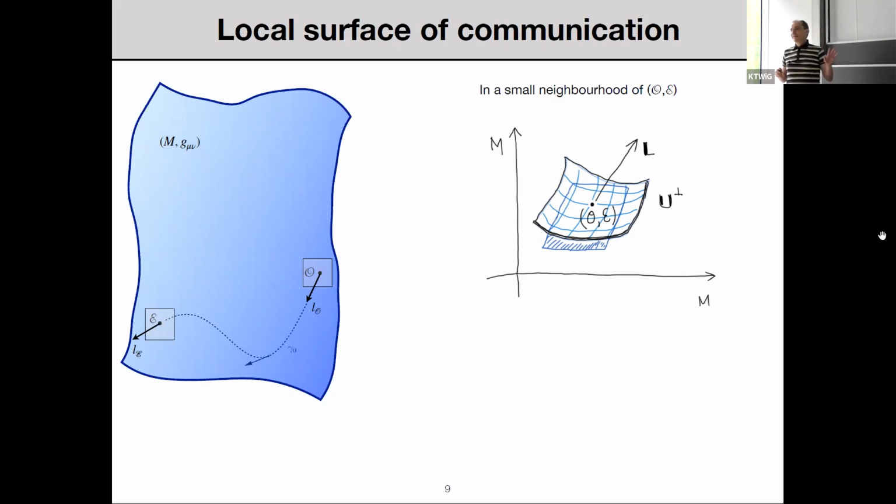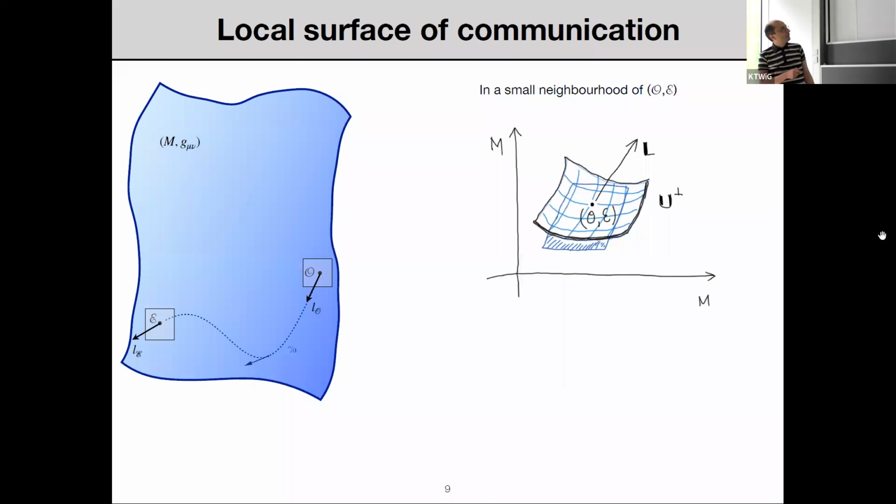So by restricting myself to the neighborhood of these 2 points O and E, what I will see will be what the light cones centered here look like over there, and vice versa. That's how it works. But the thing is that I assume that this is basically at least locally a submanifold.